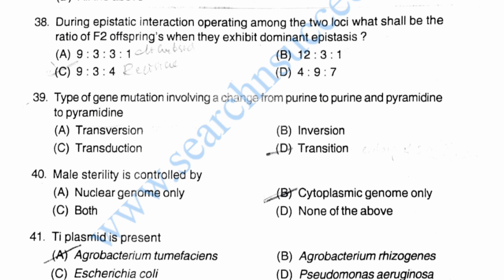And if it is purine to pyrimidine or pyrimidine to purine, vice versa, in that case it will be transversion. But according to this question, the answer is transition. Clear? Okay. Next.